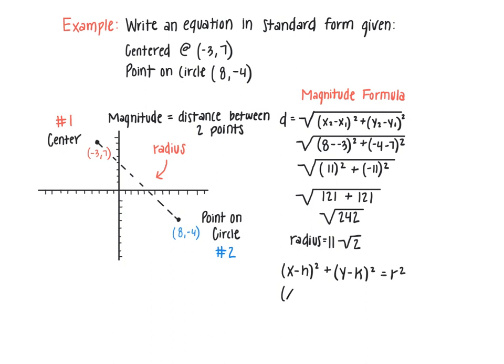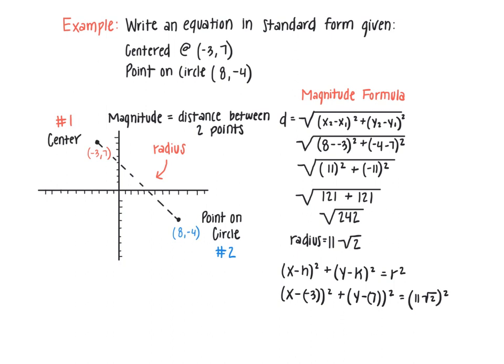I can plug in my numbers, x minus negative 3 squared plus y minus 7 squared is equal to 11 square root of 2 squared.